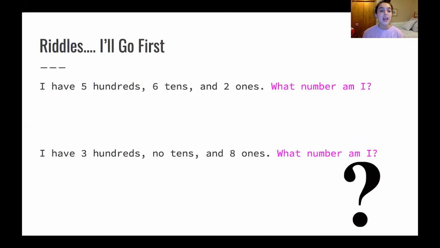Okay, here is the first riddle. I have 5 hundreds, 6 tens, and 2 ones. What number am I? Now, I want to show you guys, there are 2 different ways I could do this problem.